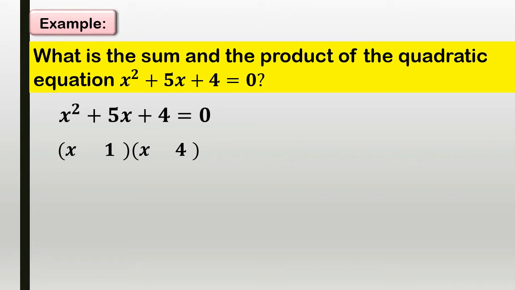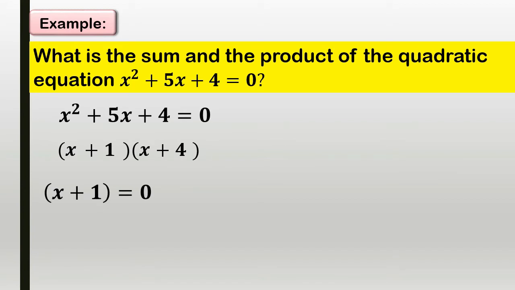Okay, so as you can see, meron tayong dalawang positive sign or ang operation na ginamit natin sa ating quadratic equation ay positive. So, since ang operation ay positive, therefore, the operation that we can use here sa ating factor is positive din. Okay, so let's equate this into 0.